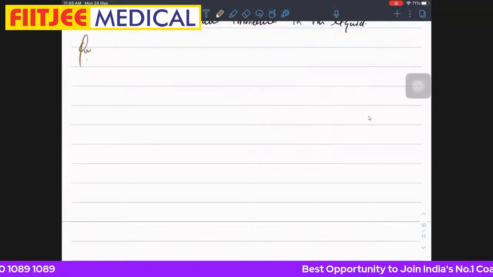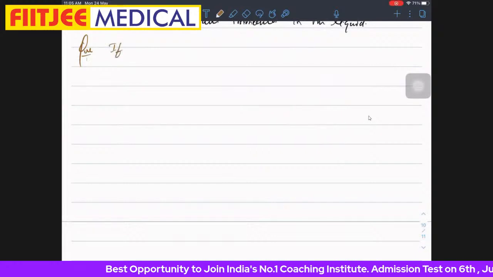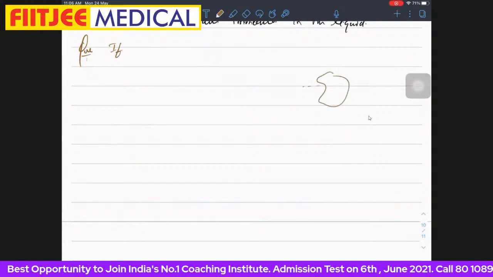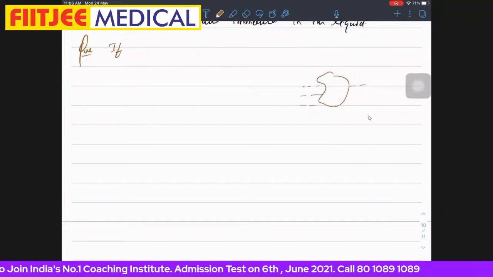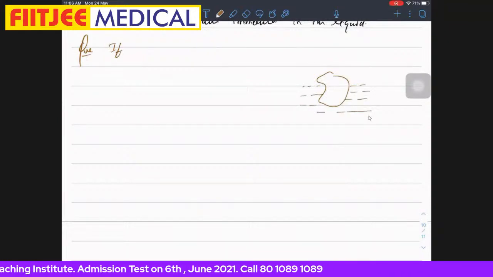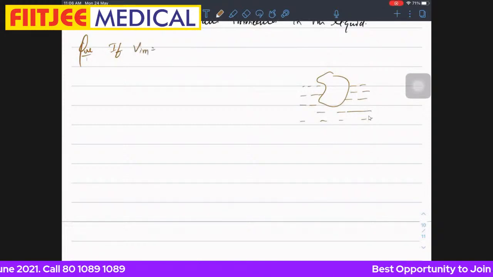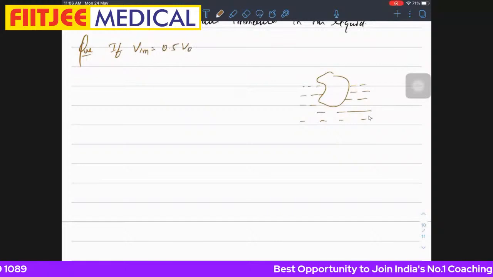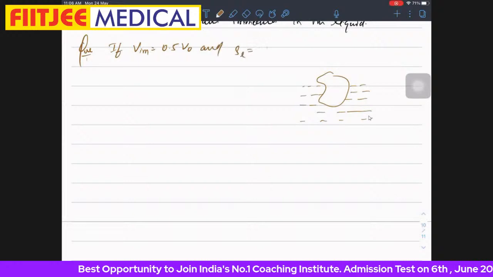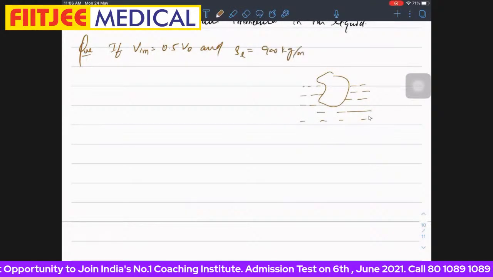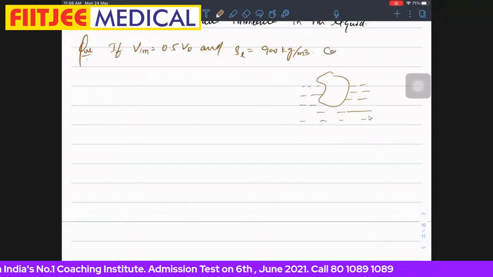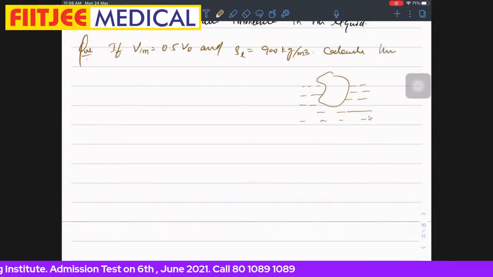Suppose 50% of this object is inside the liquid. V immersed is 0.5 times the total volume, and the density of the liquid is 900 kg per meter cube. Calculate the buoyancy force.